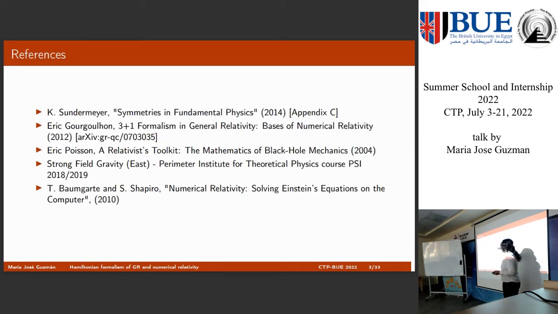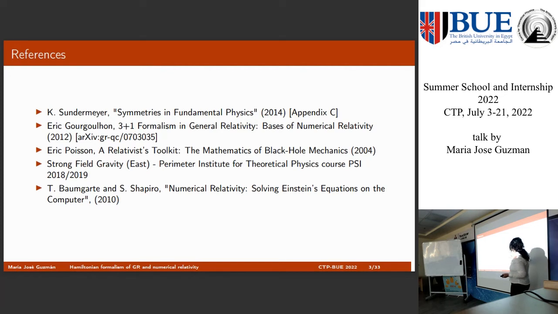After the course, you will be able to click here. These are clickable links with all the references that I will be using during these lectures. In particular, here you will find a nice introduction to constrained Hamiltonian systems. Here the ADM, or 3+1 formalism of general relativity; you will find it here, here, and here.